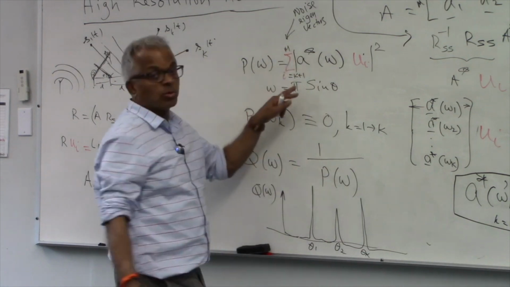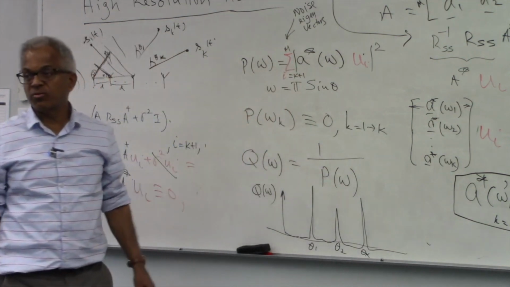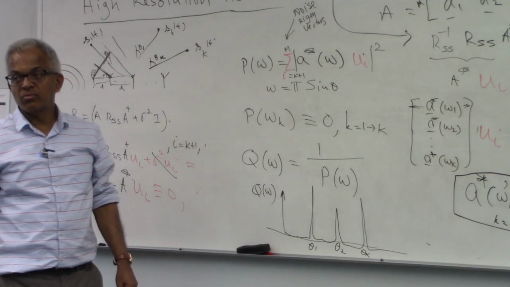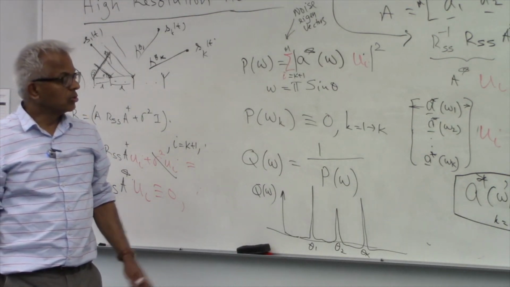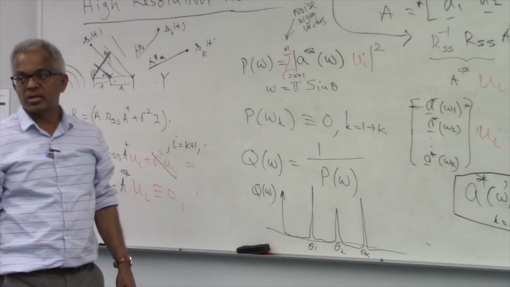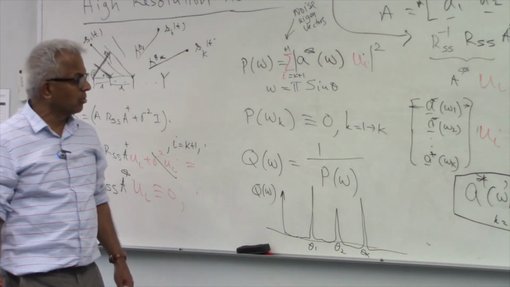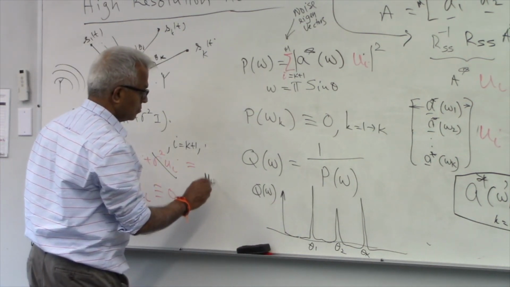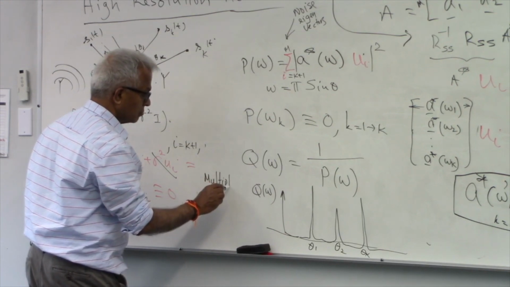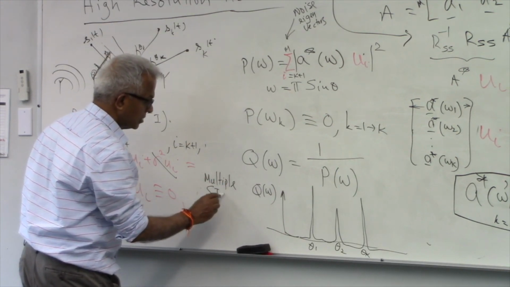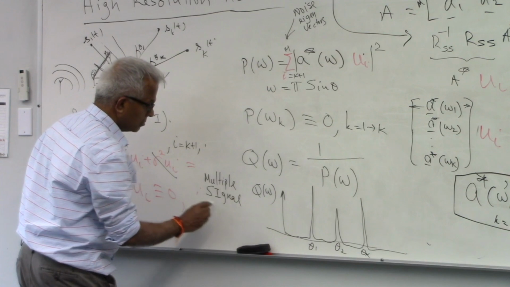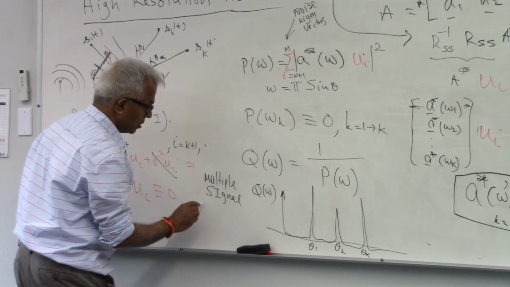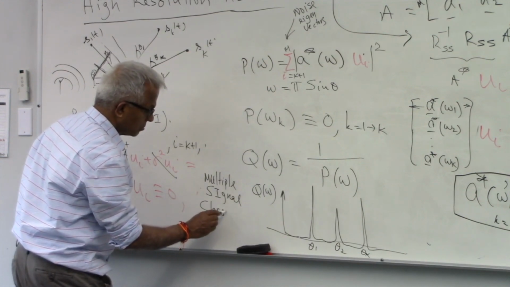At this point there is no issue because k is already figured out from the eigenvalues. So this is called the multiple signal classification, or MUSIC, algorithm.